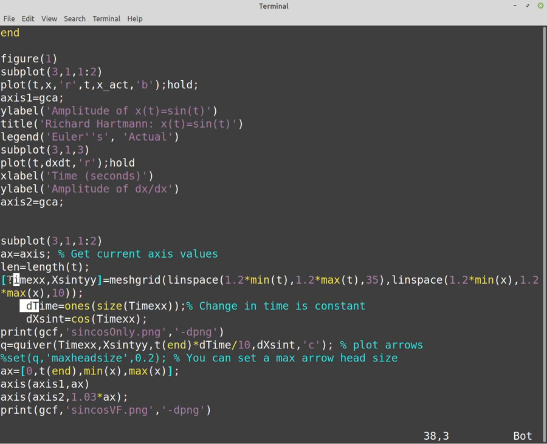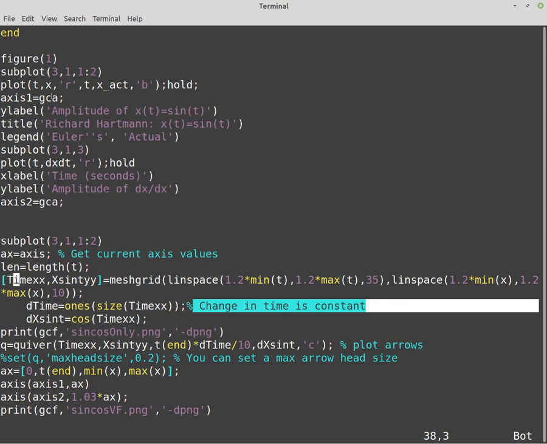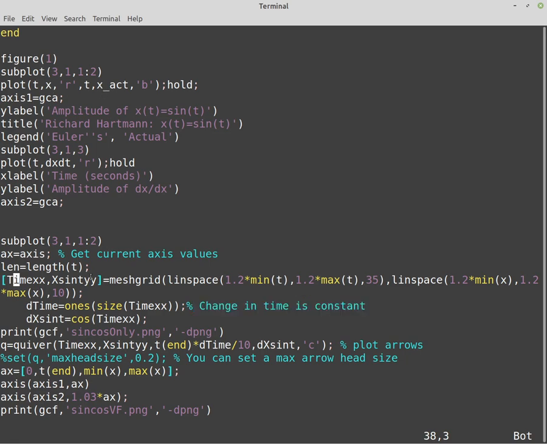Once we pick those points, we get that matrix of blue dots, and then we evaluate the change in time. Now remember that the change in time is constant in this because it's just my time step. So I've got this scaled. I'm plotting this as a 1.